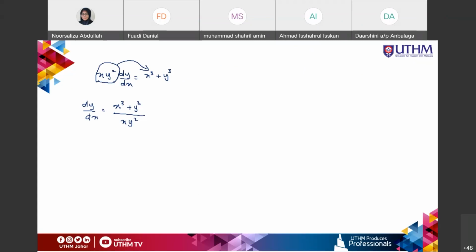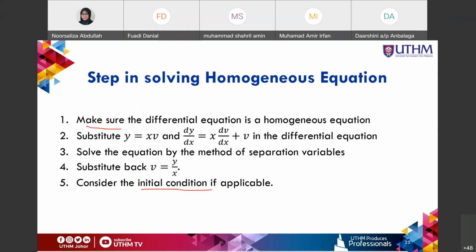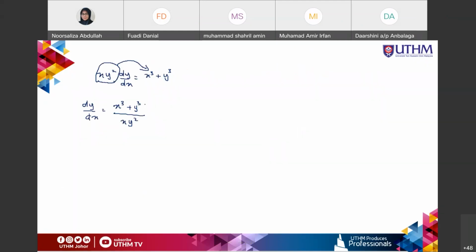Dekat bawah. Okay tak? Okay, Puan. Okay. So kita akan tengok dekat bahagian sini. We look at this part. Dekat sini tadi dia tulis equals to f x y kan. So this one is actually f x y.